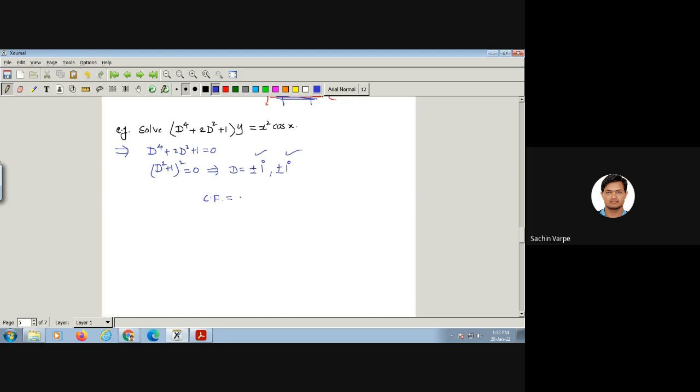CF is equal to e to the power alpha x, alpha is 0, into (c1x plus c2) cos beta x. If you remember, we have discussed the case for complex repeated root. What is beta here? 1. Plus (c3x plus c4) sin beta x. Beta is 1.